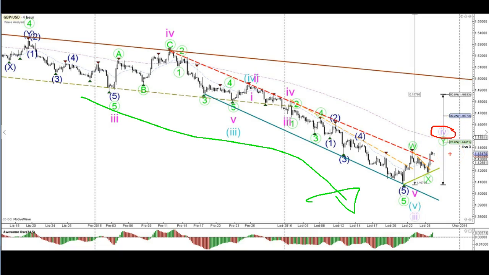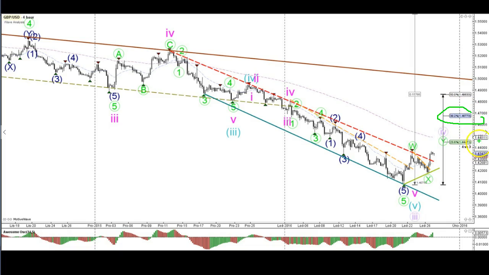This is probably a wave 4, and I would expect the wave 5 still to continue pushing this pound USD downwards, but later on. Waves 4 can tend to be on the larger side, and the price could reach the 38.2 fib, the 23.6 fib. So this could take a while. This could be a pretty lengthy correction.